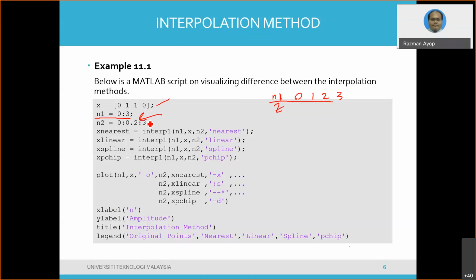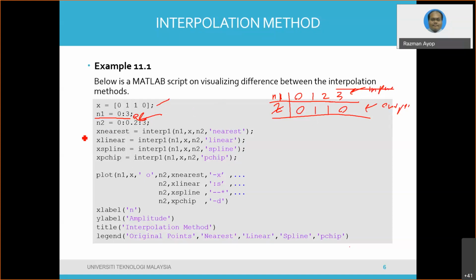And x is 0, 1, 1, 0. So you have data something like this. So this is basically the input, and this is the output.